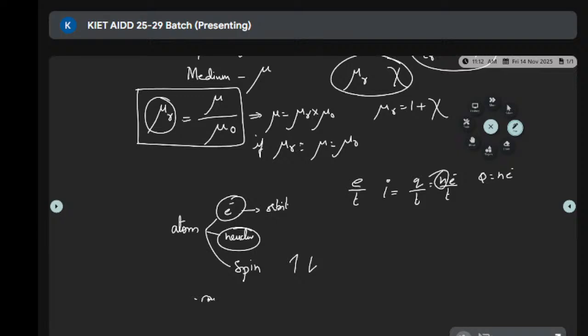Those unpaired electrons are responsible for some amount of magnetic moment. If they are paired up, the resultant value is 0. If they are unpaired, we say there is some amount of magnetic moment.